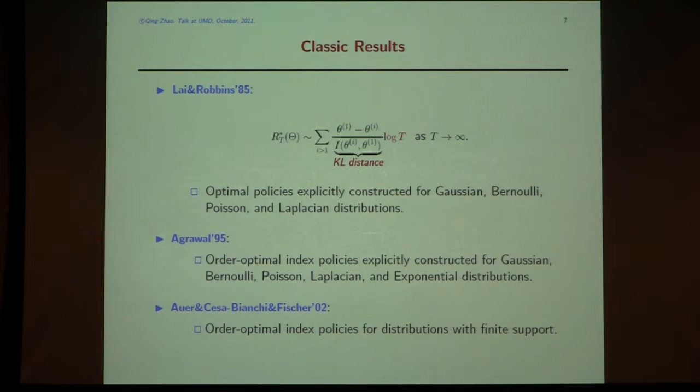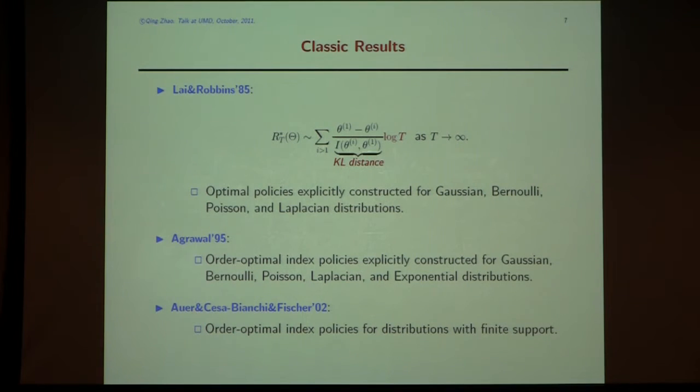If you know the support, or an upper bound on the finite support, then you can construct this policy without knowing which specific distribution you are dealing with. Then it can achieve log regret, but it's only order optimal. That means it achieves the log regret order, but may not have the best leading constant.